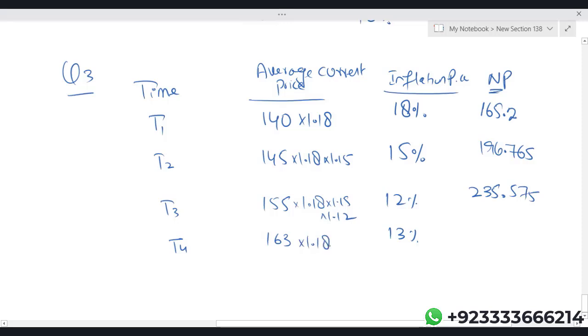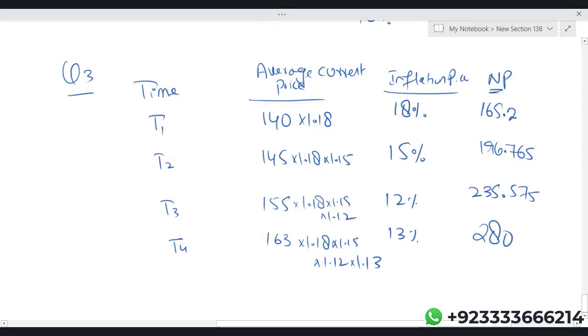Now 1.18, 1.15, 1.12, 1.13. 163 multiplied by 1.18 into 1.15 into 1.12 into 1.13. So with a little bit of rounding off, you can take 280.